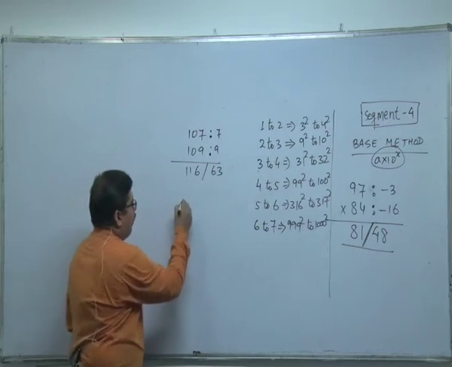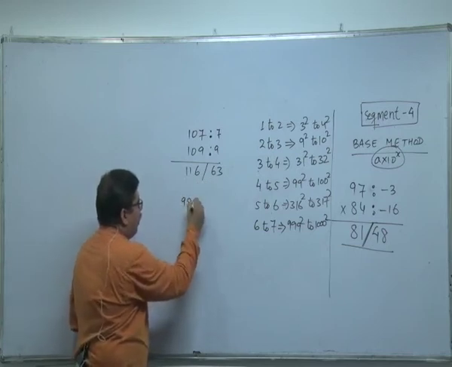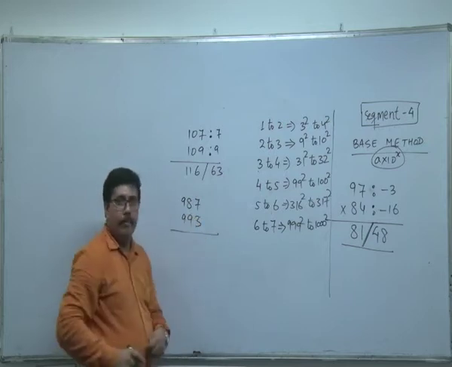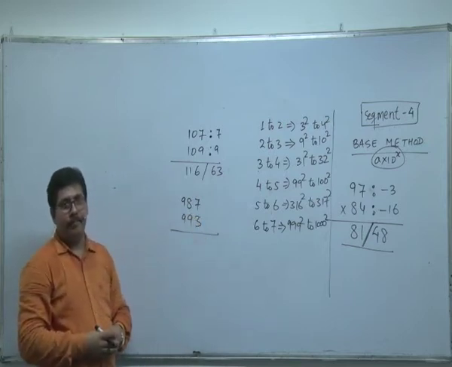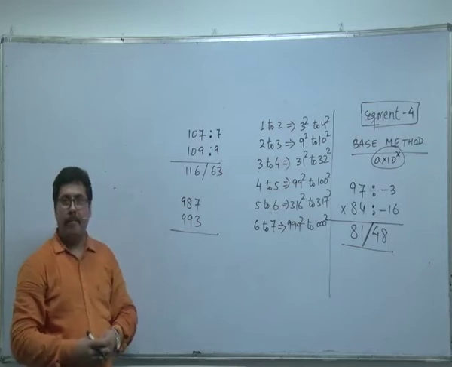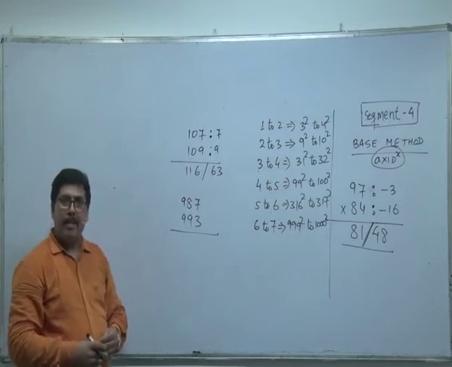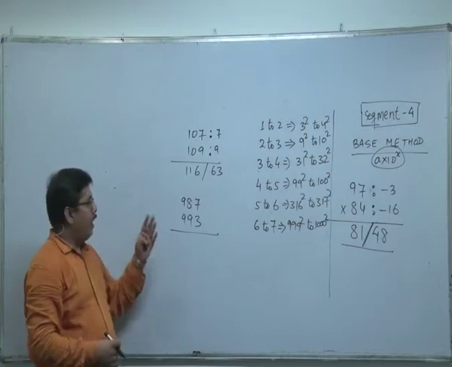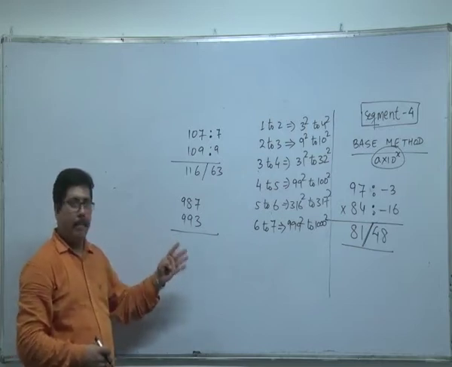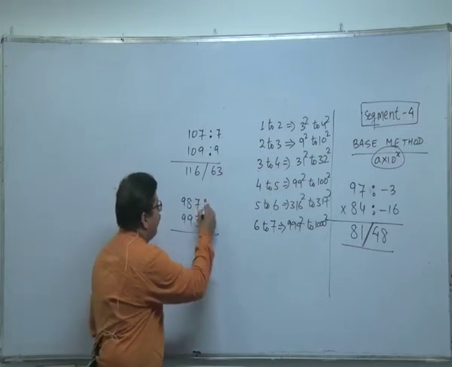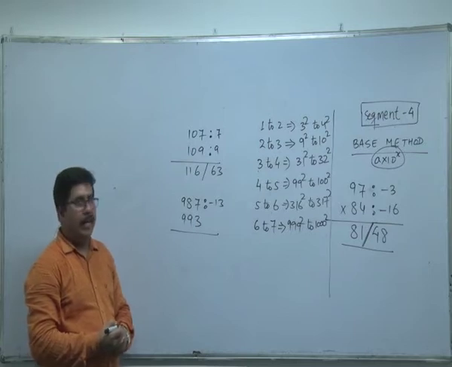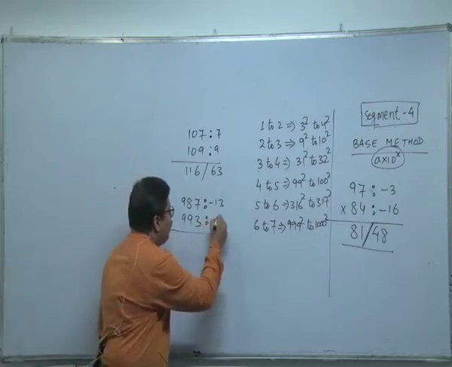Now, let us take one more example near about 1000: 987 and 993. Both the multiplicands are near about 1000. 987 minus 1000 is minus 13. 993 minus 1000 is minus 7.